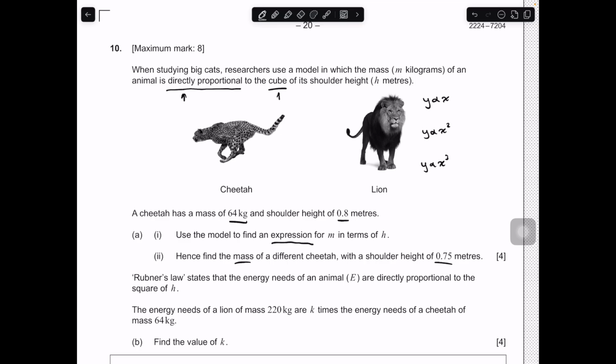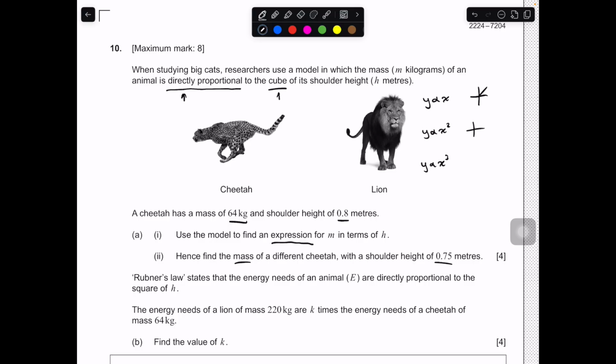Is it just directly proportional? Is it directly proportional to, in this case, the square or the cube? This gives that other piece of information. So in this case, it's directly proportional to the cube. If y is directly proportional to x, it's this linear relation.